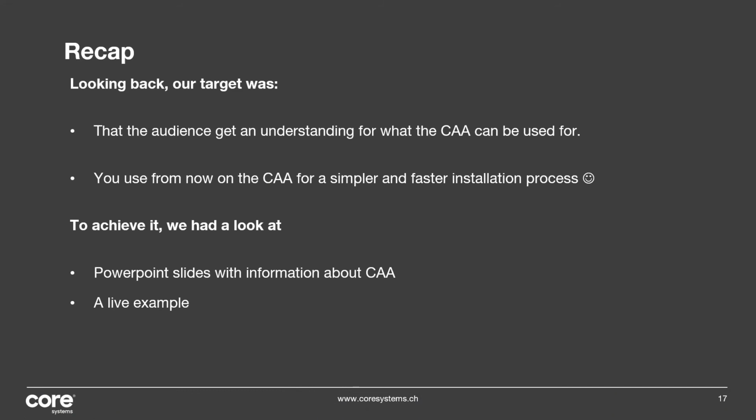So looking back, our target was that you get an understanding for what the CAA could be used, and you hopefully use it from now on for a simpler and faster installation process. To repeat, it is not mandatory to work with the CAA from now on, but you need to have at least version 670 to take advantage of the Coresuite Administration Assistant.